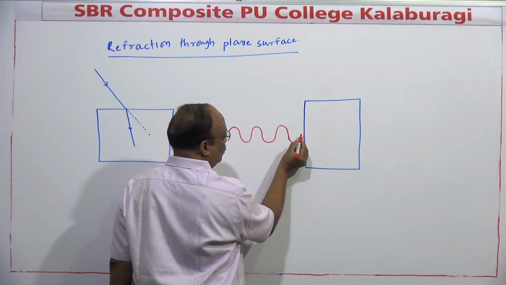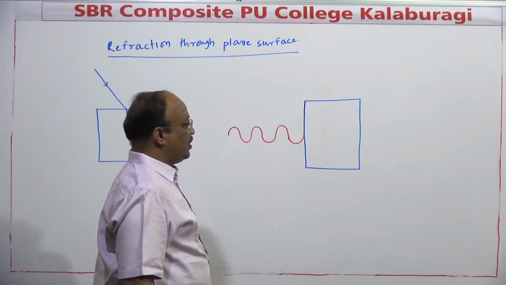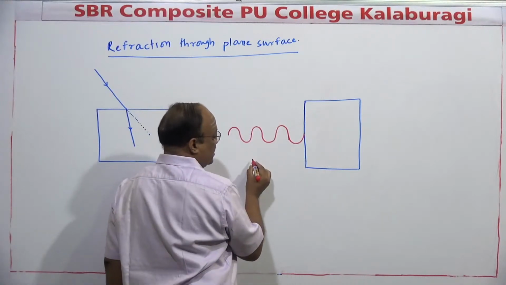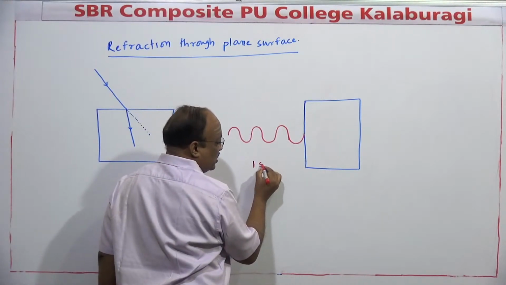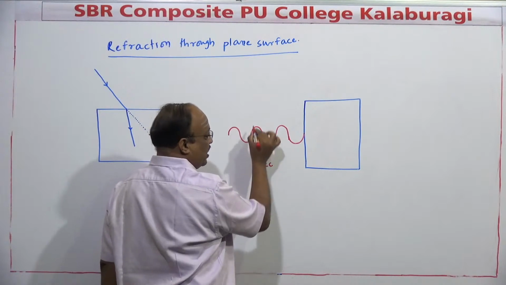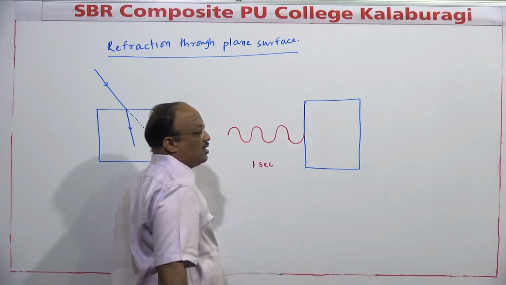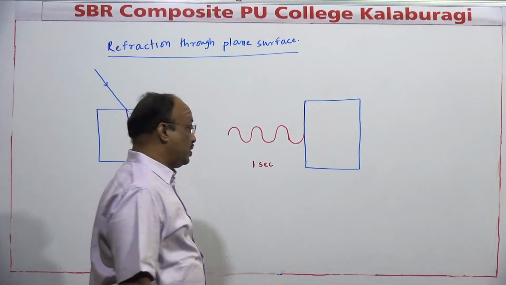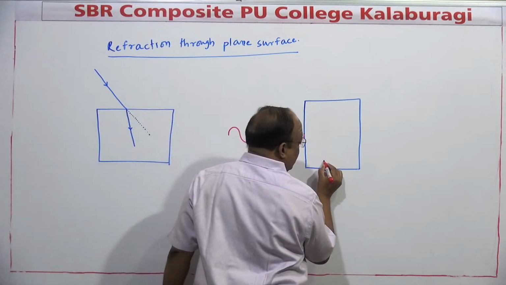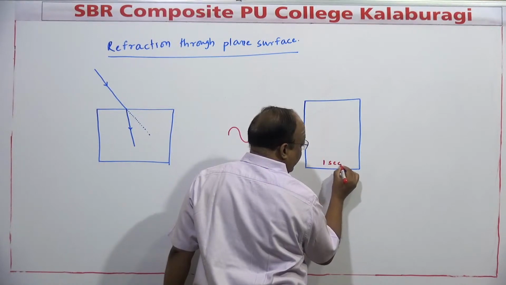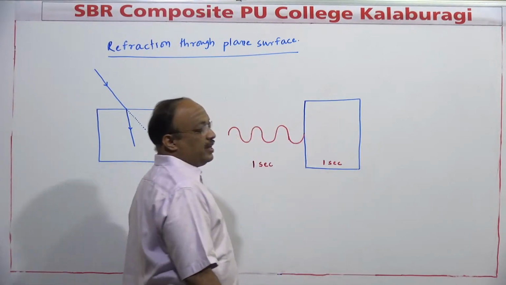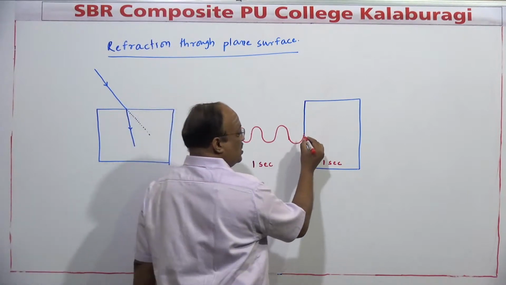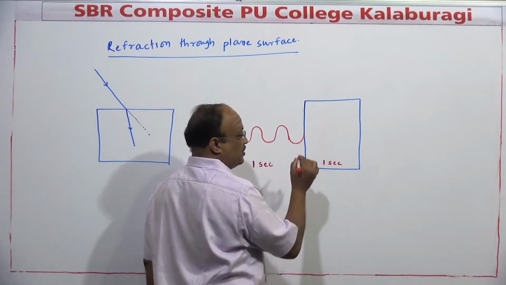Three waves are passing in the air medium. Let us consider in 1 second, 3 waves are passing through it. Next, in 1 second, it has to pass through the glass slab.